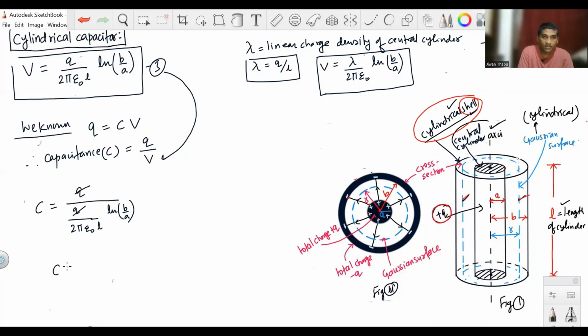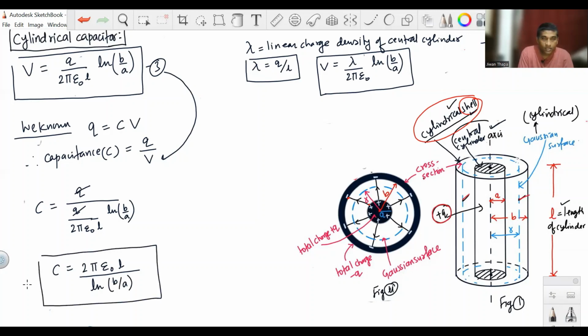So we get C, that is capacitance of cylindrical capacitor, equals 2 pi epsilon 0 L divided by ln B by A.